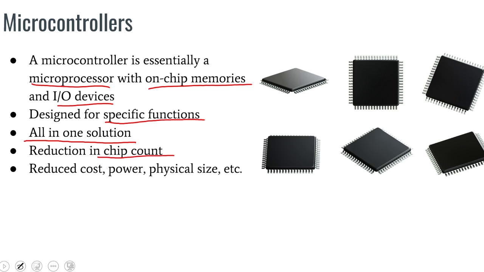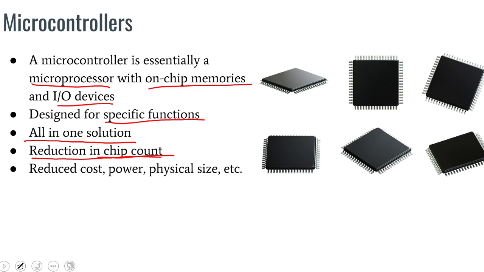So we can reduce the amount of chips in our device because we already have the necessary memories and some input-output capabilities. With this reduction in chip count, having an all-in-one solution designed for specific functionality, so it can do the things that we need for that particular function, we can get a number of advantages in terms of reduced cost.